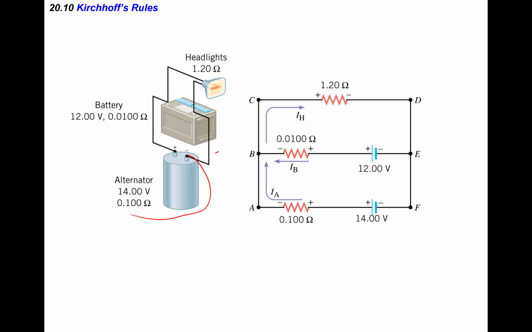Let's try to calculate the current IA, current IB, and the headlight current IH. So how to do that?